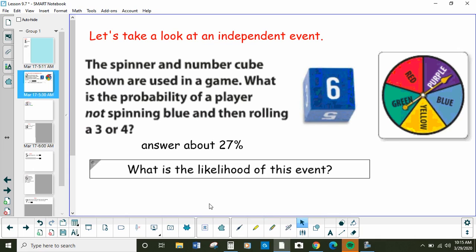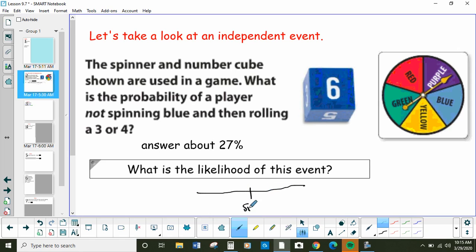Okay, what's the likelihood of this happening? And that part's review, isn't it? Likelihood means it's impossible, unlikely, as likely as not, likely, or certain. And we know that in the center, it's as likely as not.